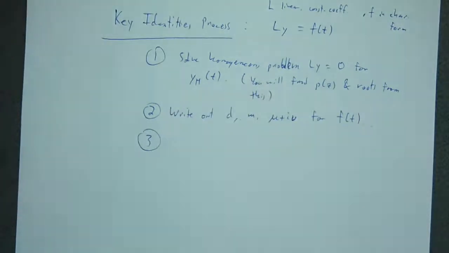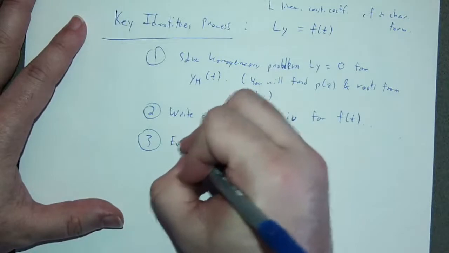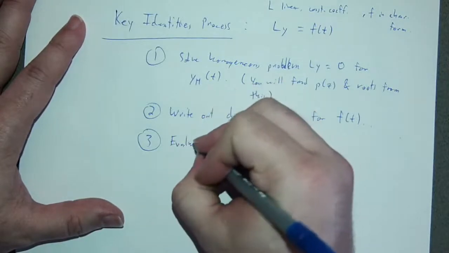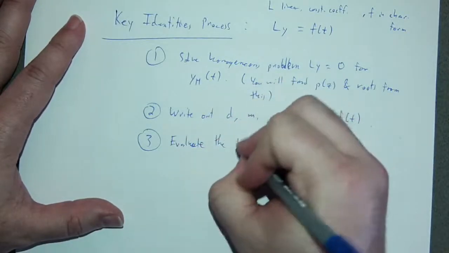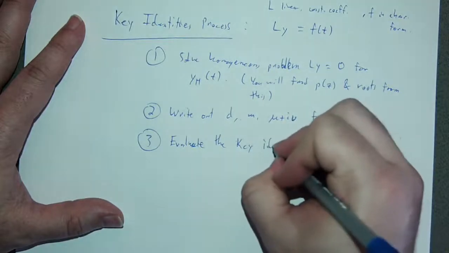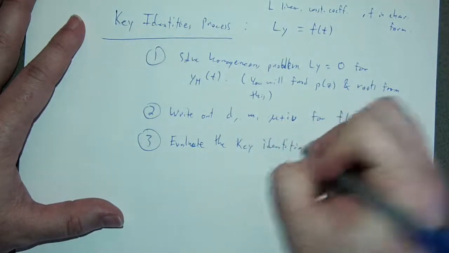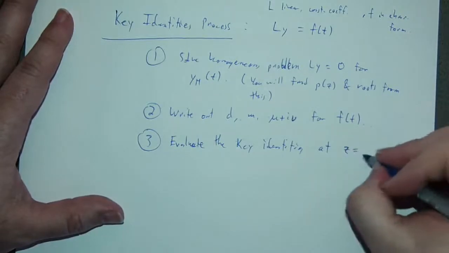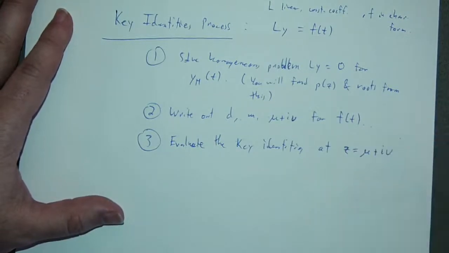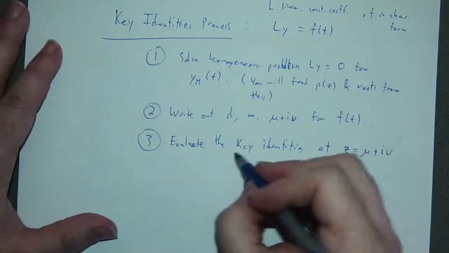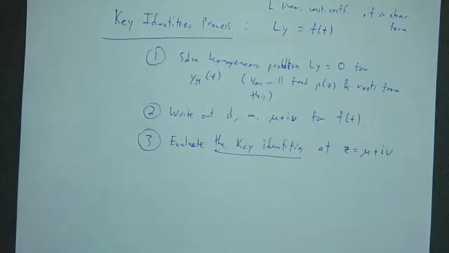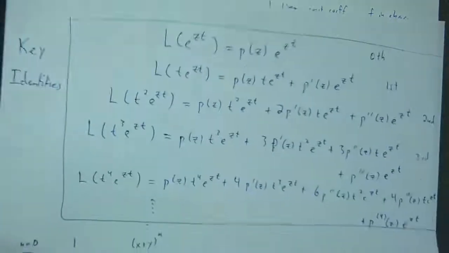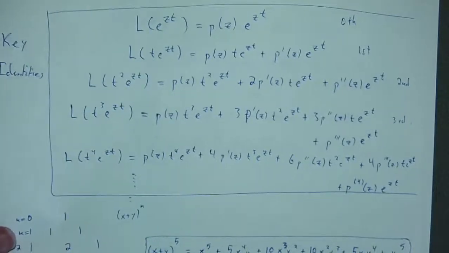Step 3, here's the main process. Evaluate the key identities at z equals mu plus i nu. Now, the key identities, I just told you, they're this list, but this list is infinite.